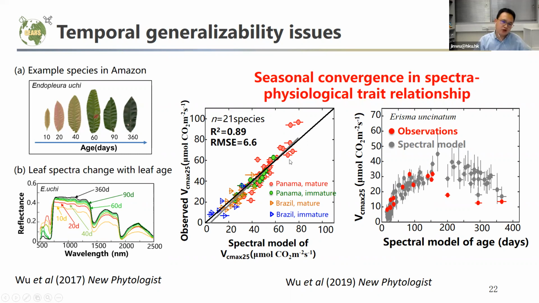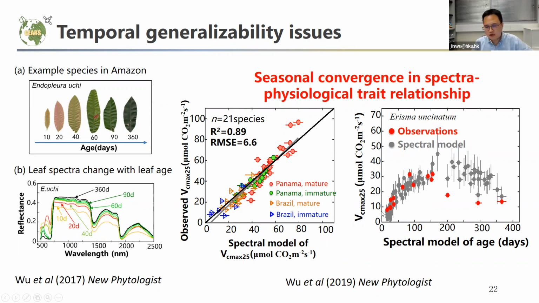Overall, we found we actually can develop a generalizable model across all these different scenarios. This gives us confidence that there is indeed some seasonal convergence in the spectrum and physiological trait relationship.